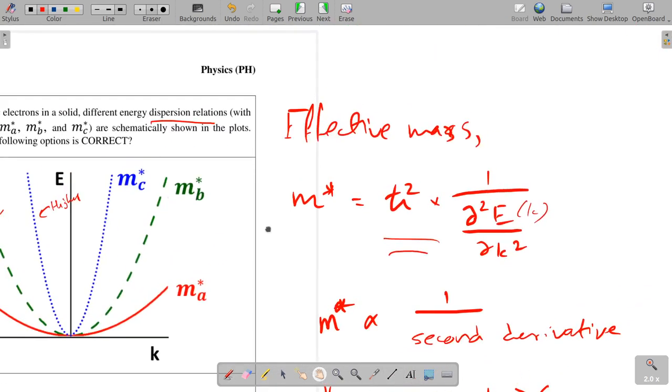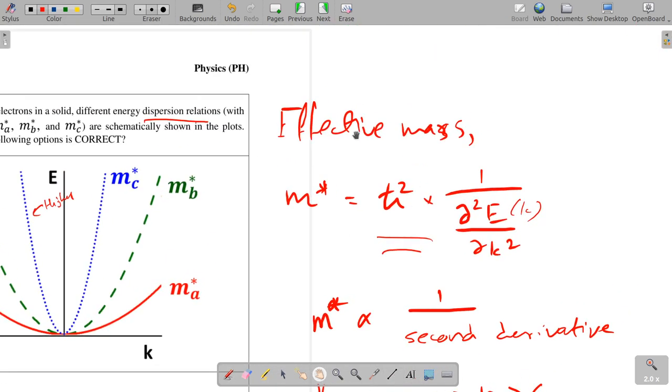You only have to remember the relation of effective mass with respect to the given dispersion relation, E as a function of k. You might also see this in terms of omega as a function of k. This is also called the dispersion relation, and E is basically h-bar omega. These relations let you convert between energy and angular frequency.